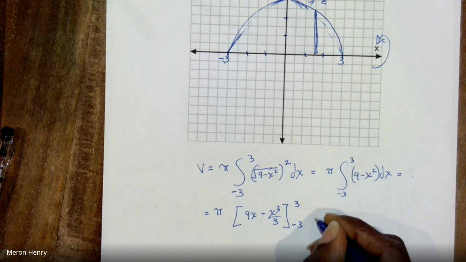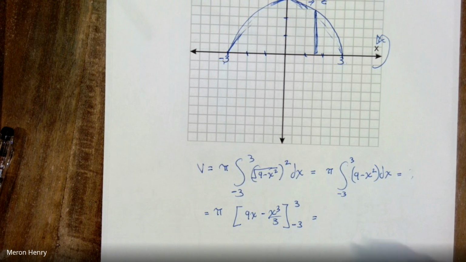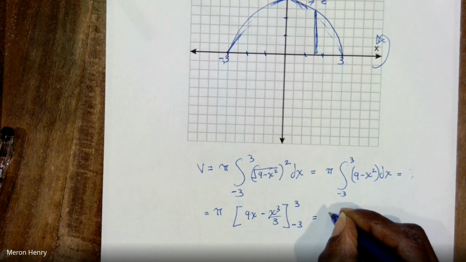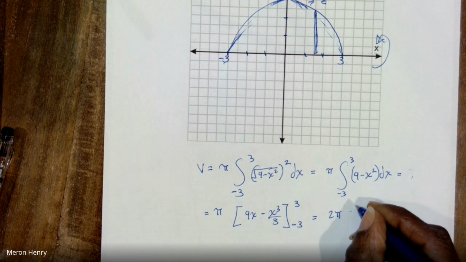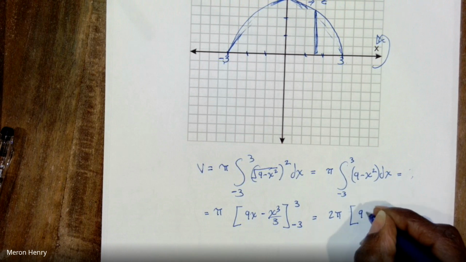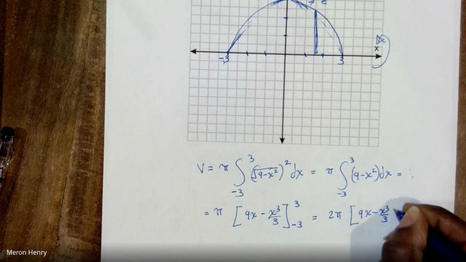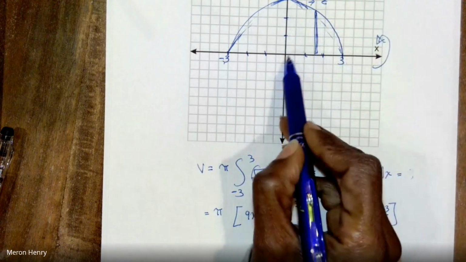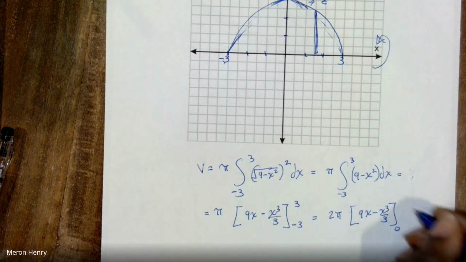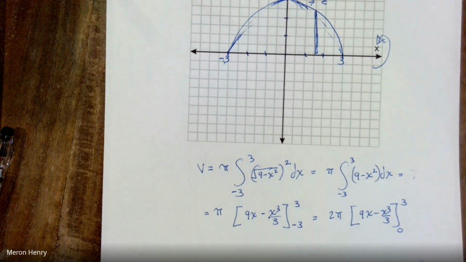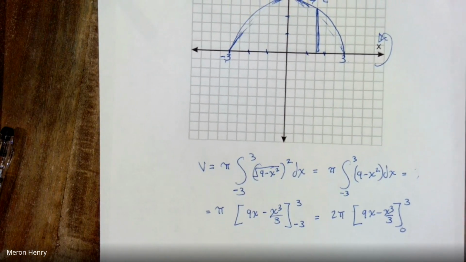And I can make this a little bit easier on myself and rewrite this as 2 pi times 9x minus x cubed over 3 from 0 to 3. Because it's symmetric, I can just break it in half. Okay, it just makes plugging in the values a little bit easier.